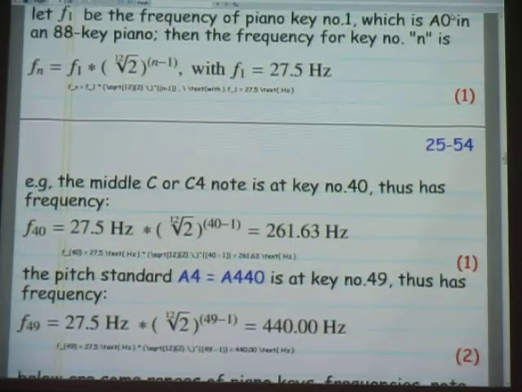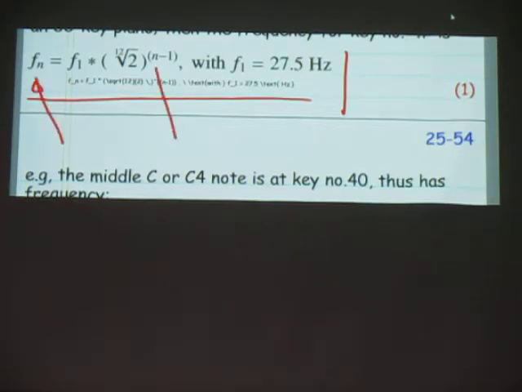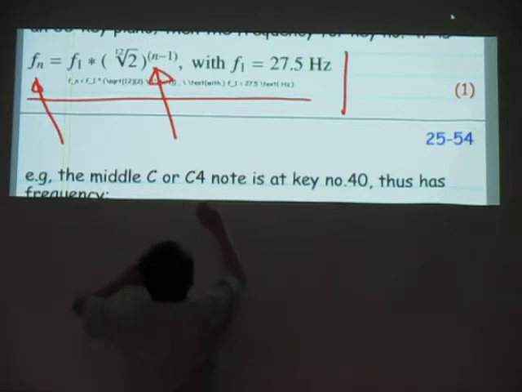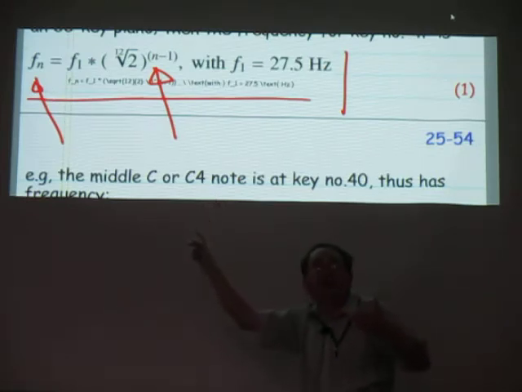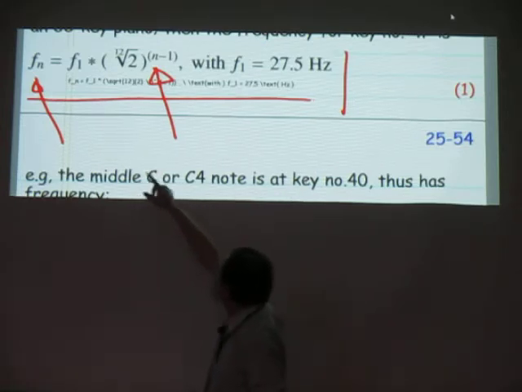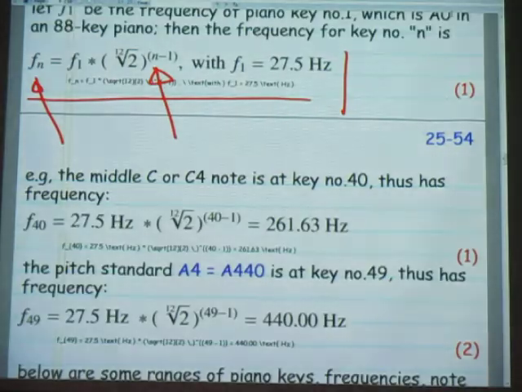And for a quick review, this is an important formula that provides you with the frequency, right? So given a key number on the piano, this formula gives you the frequency for that key number. So for example, here F1 is the frequency of key number 1, and key number 1 corresponds to note A0, and that's at 27.5 Hertz, and you multiply F1 by 2 to the power 1 over 12, and then raise it to the power n minus 1, as mentioned last time.